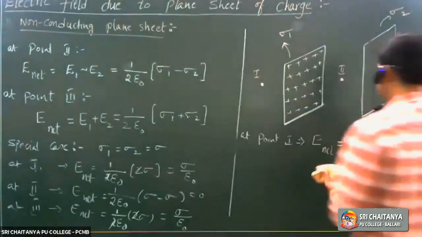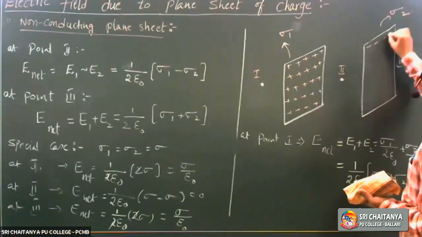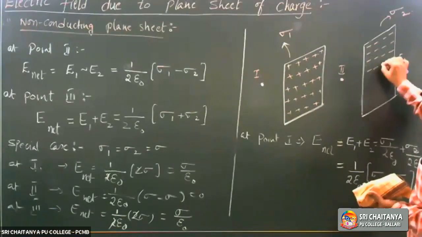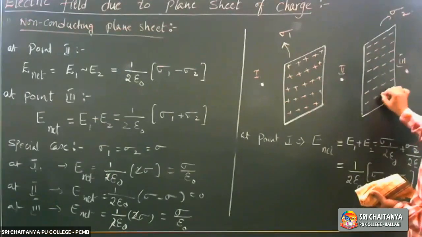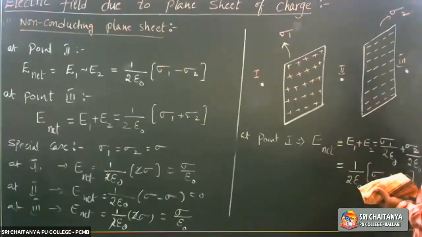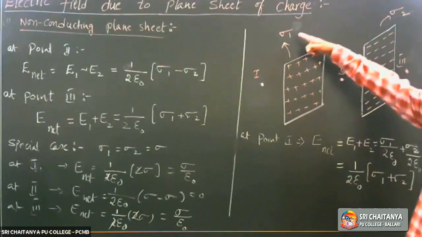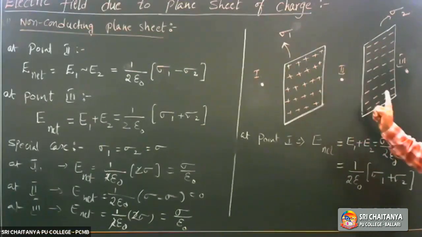Now what is my assumption? Positive charge is given to this plate and negative charge is given to this plate. Right? Here charge density sigma 1, whose charge density sigma 2? This is positive, this is negative.